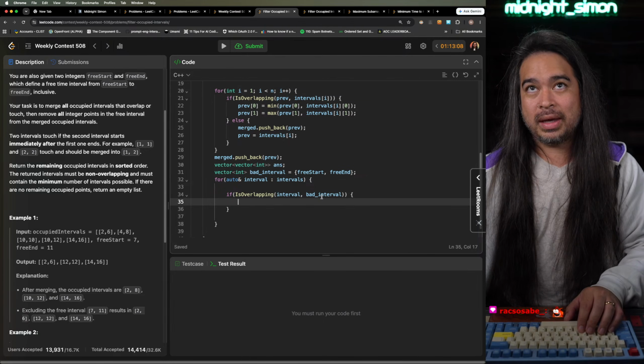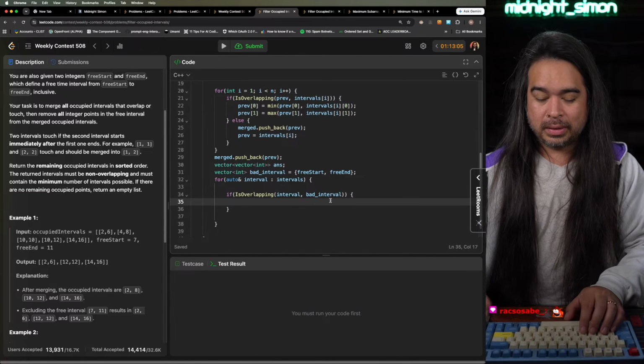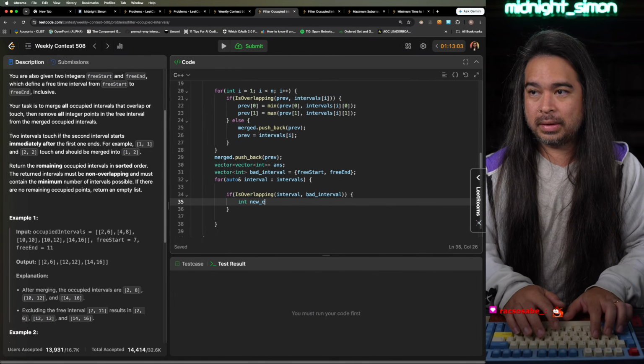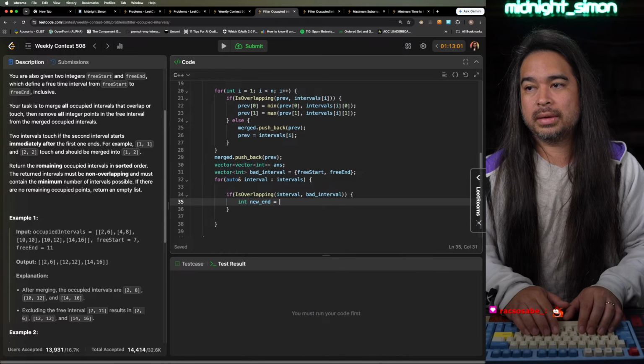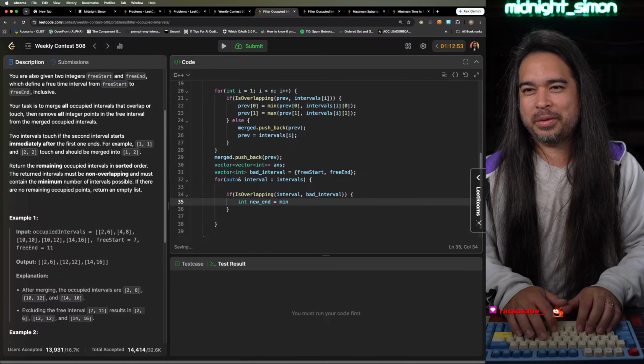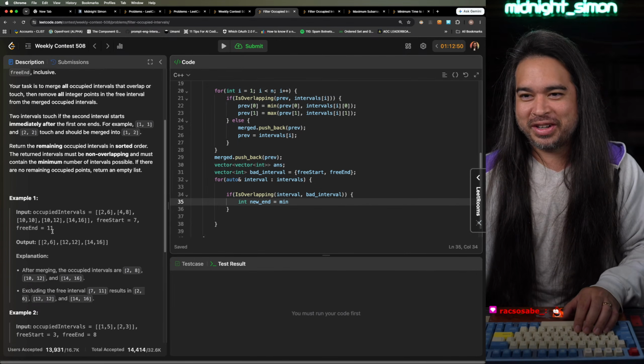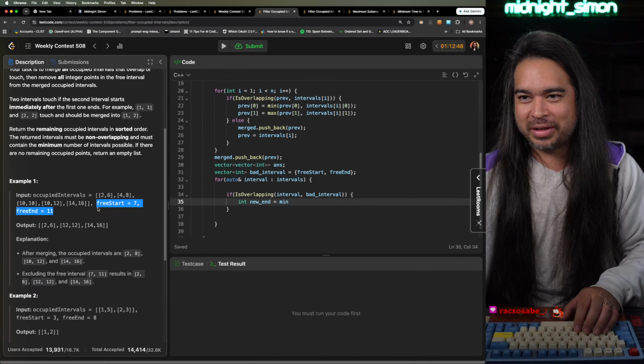I guess the end is... man, I'm having a real hard time trying to figure out how to remove this one part of the interval.